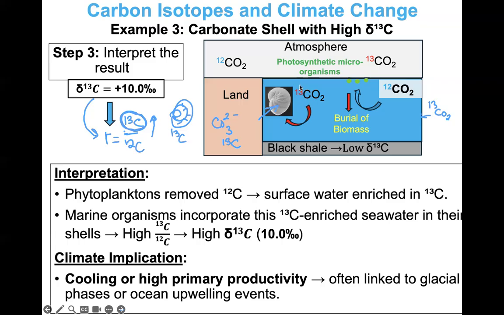So a high value of delta 13C in the shell means something is taking up C12, which is the plants, which means more productivity, more biomass. And if you remove CO2, it also means we have what we call a cooling trend.